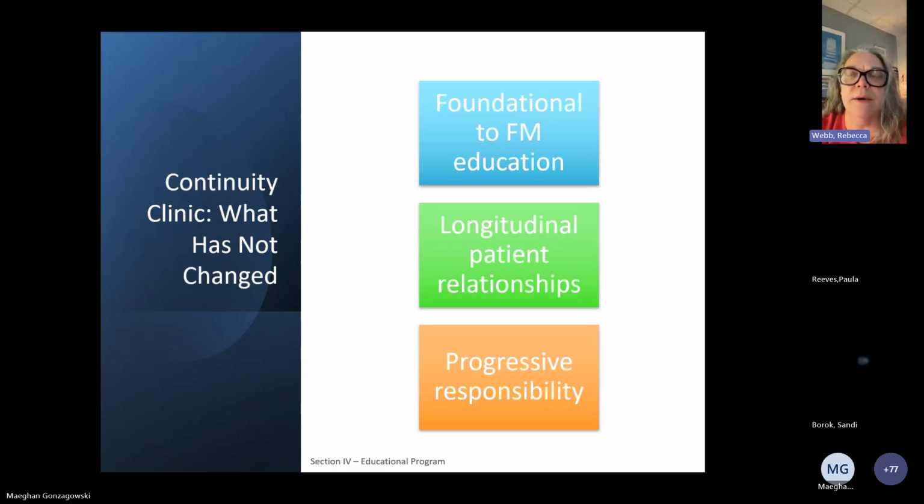Numbers will be required. Those cases in ACGME will still be required moving forward. And we need to show that we're meeting those minimum percentages. I believe it's like 30, 40, 50% from first year through third year of continuity, of not only seeing their own patients, but those patients seeing their assigned physician also.